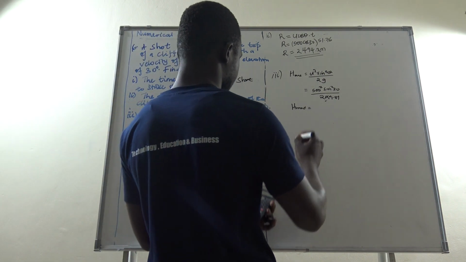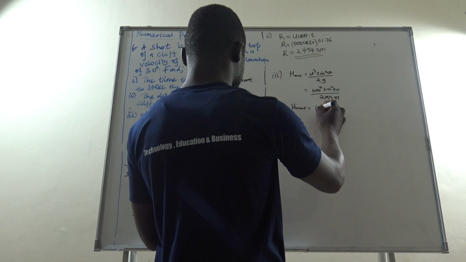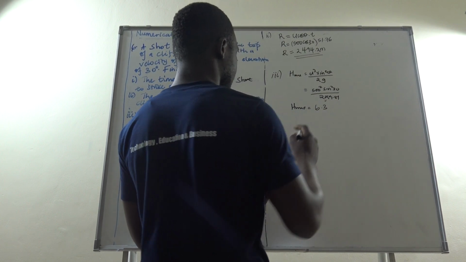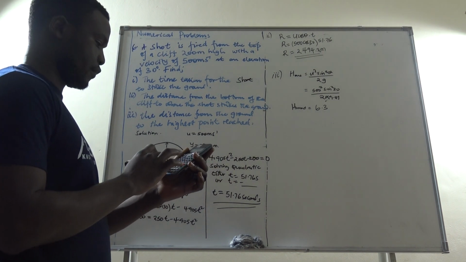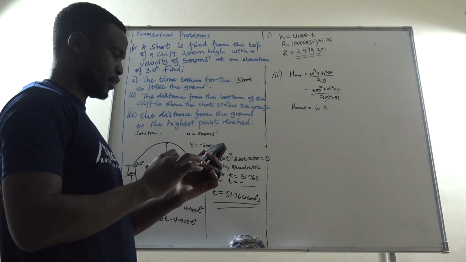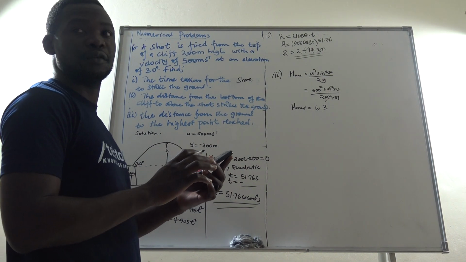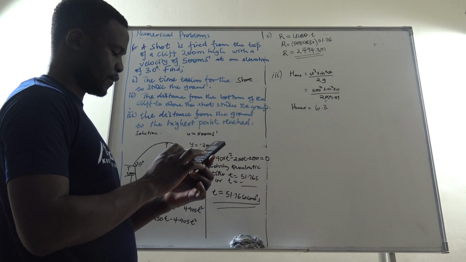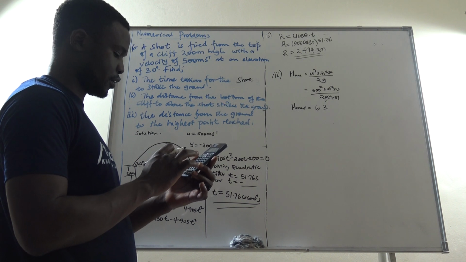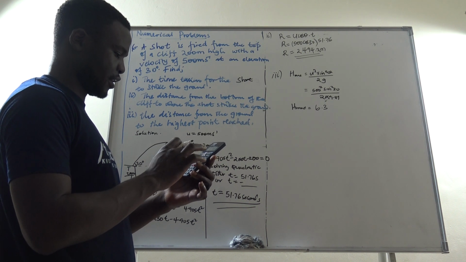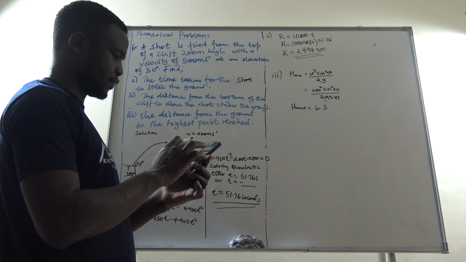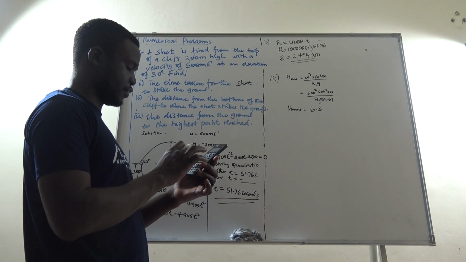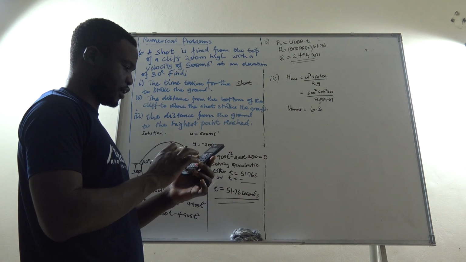Let me repeat: 500 squared times sine 30 squared divided by 2 times 9.81.